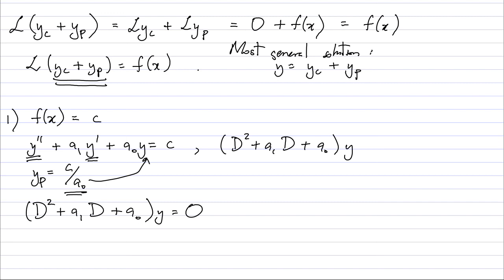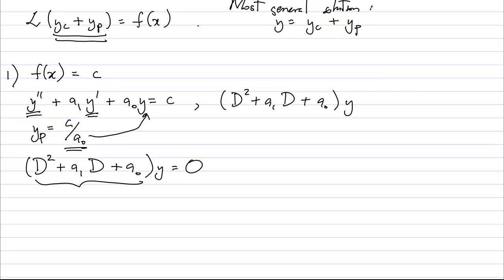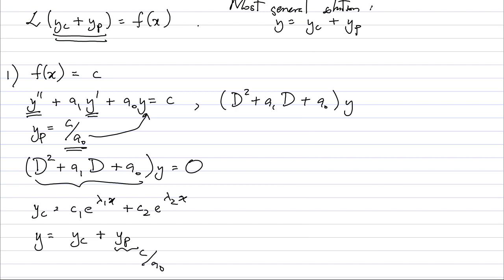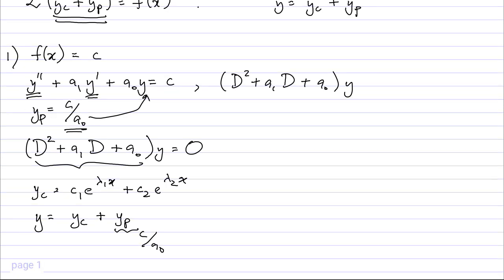You treat this as an algebraic equation, find the roots, then the complementary solution is a superposition of e raised to power lambda 1 x and e raised to power lambda 2 x, where lambda 1 and lambda 2 are roots of this equation. So y_c is simply c1 e raised to power lambda 1 x plus c2 e raised to power lambda 2 x, and the total solution is then y_c plus y_p, where y_p is simply c over a naught. That's your most general solution to this non-homogeneous second order linear equation.